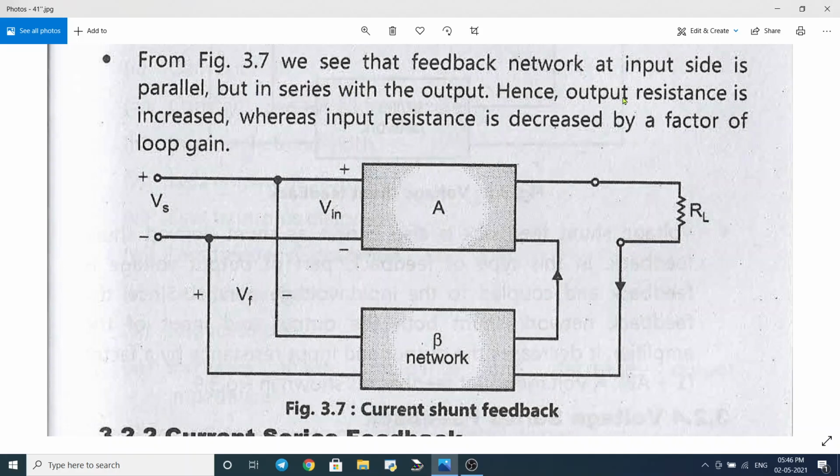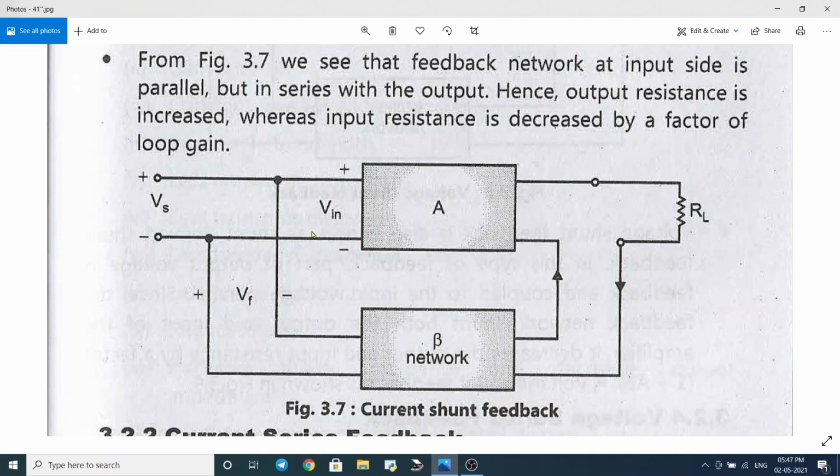Now the question is, why is output resistance increased? Because the load resistance and the feedback network are in series. We know in series the resistances get added. So the output resistance is increased. But the input resistance is decreased. Why?